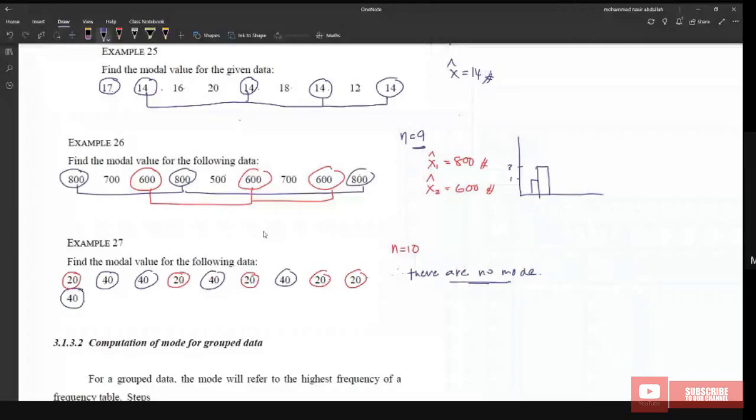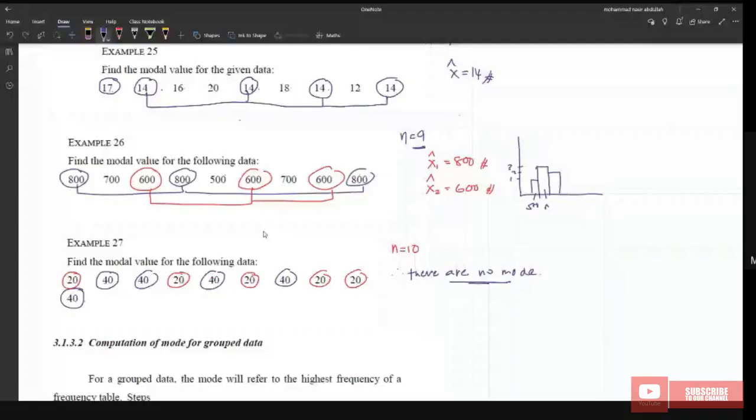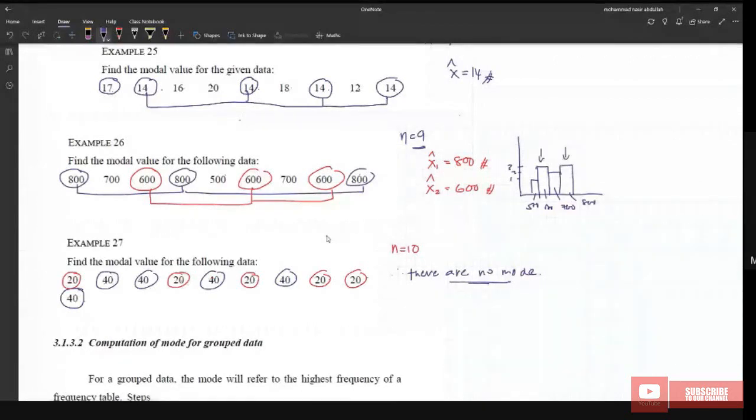This is 500, this is 600, this is 700. And 800 appears 3 times. Right? So if we look at the histogram, we have two highest values. That's why we have mode number 1 and mode number 2.